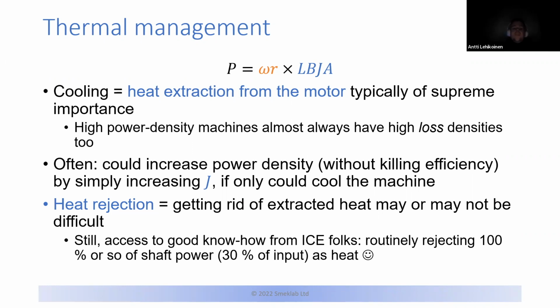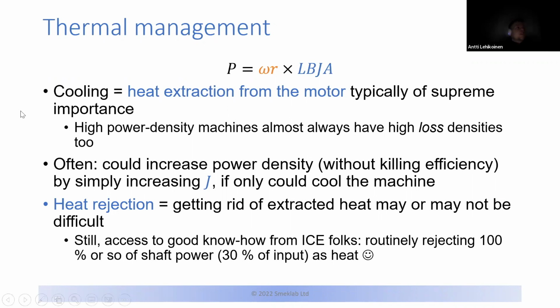It's normally of supreme importance, because when we have a high performance, high power density machine, it pretty much always also has a high loss density. It has high losses per unit volume or unit mass, unless its efficiency is crazy high at the same time, but normally that doesn't happen.